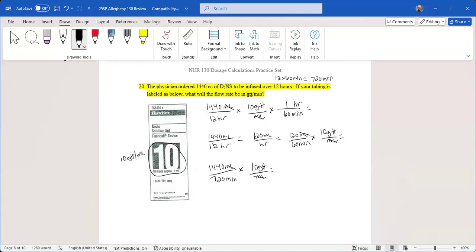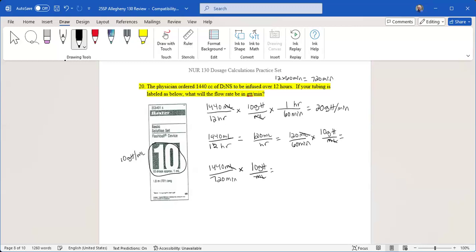So no matter how I dice it, how I set it up, and I'm showing you three different ways just so that if you ever get stuck, you see that there are options. The traditional way, the long way, is this, and then we'll get 20 drops per minute.